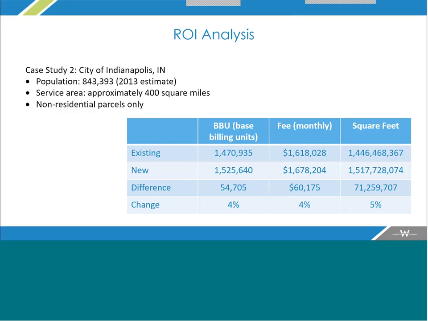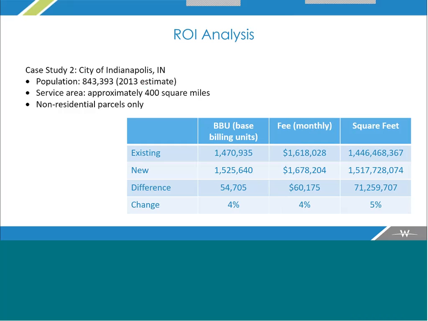City of Indianapolis, again, population very similar to Columbus. Service area is a little bit smaller than Columbus, about 400 square miles, and again, non-residential parcels. They saw a difference of about 54,000 base billing units. Each jurisdiction, as Daniel has mentioned, has different nomenclature for what we call ERUs, but some people have different breakdowns of what they call those things.